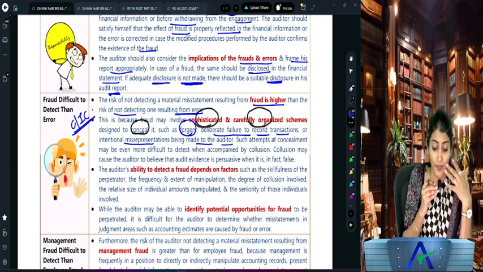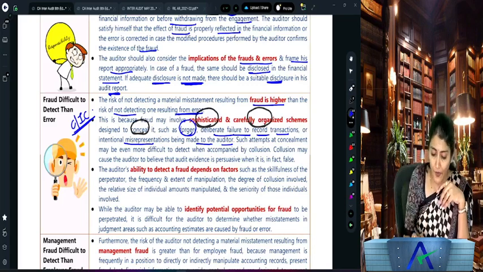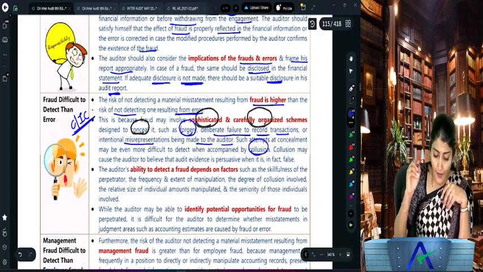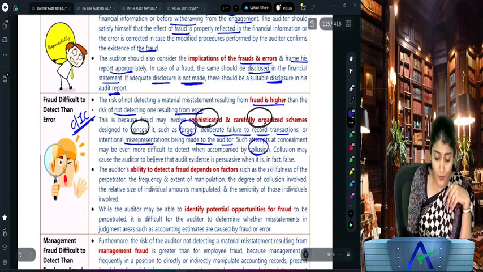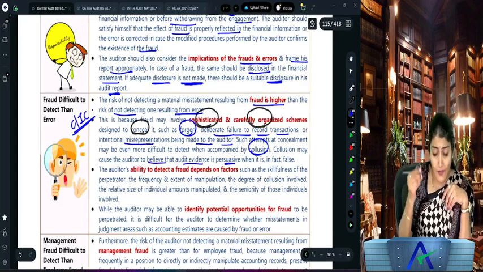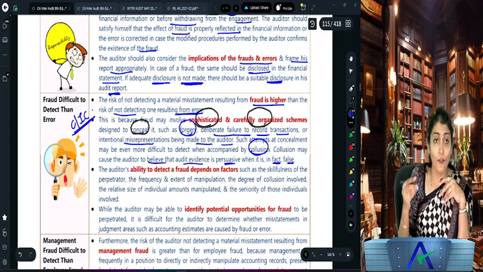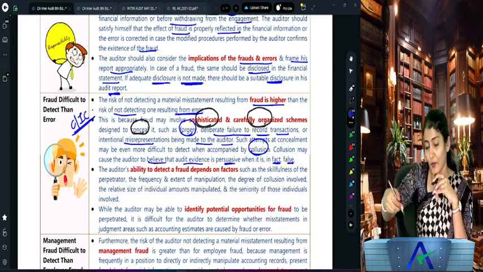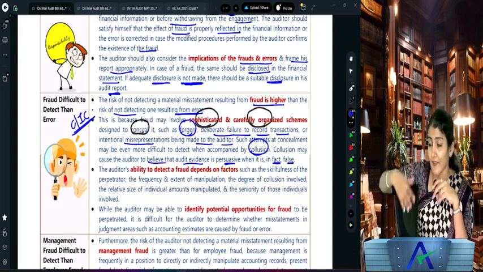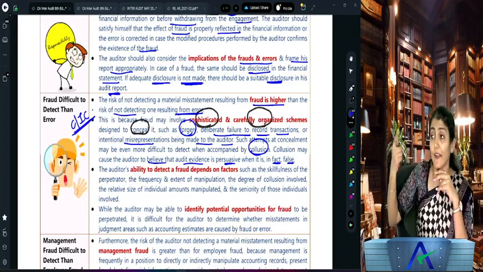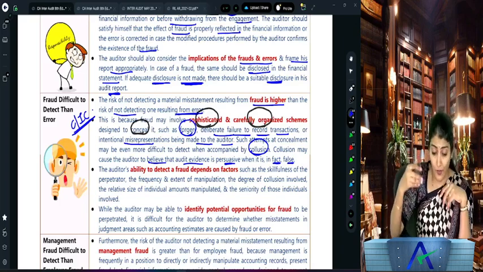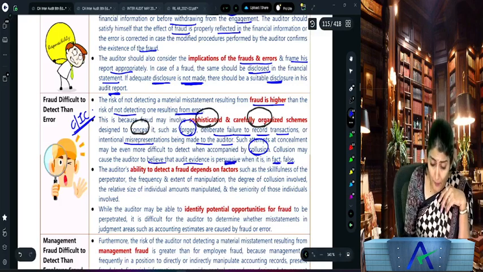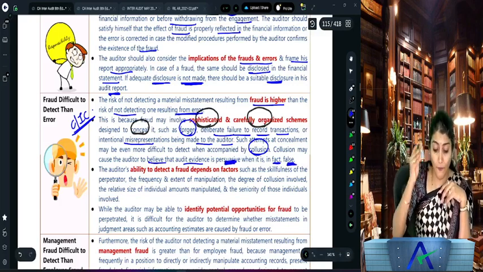Such attempts at concealment may even be more difficult to detect when accompanied by collusion, and collusion may cause the auditor to believe that the evidence is persuasive when in fact it is false. Why? Because the people have participated. They've signed the wrong invoice and all. So the auditor thinks that controls have been followed, but in effect they have not been followed. So the auditor believes the evidence to be persuasive, but actually it is false evidence.